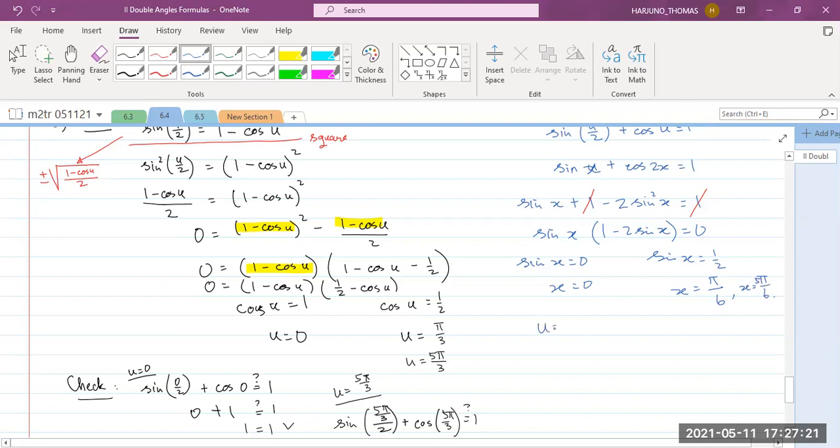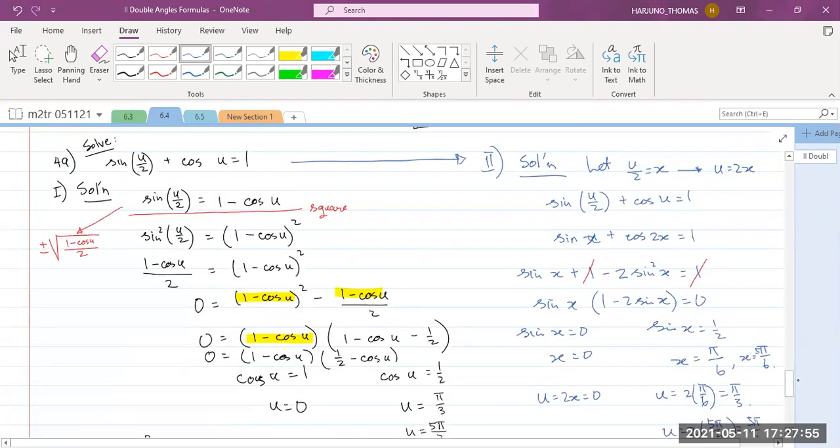We need the u. u equals 2x. u equals 2 times pi over 6, that's pi over 3. u equals 2 times 5 pi over 6, that's 5 pi over 3. No checking necessary. You see that? I don't need to check, but I get the same answer.